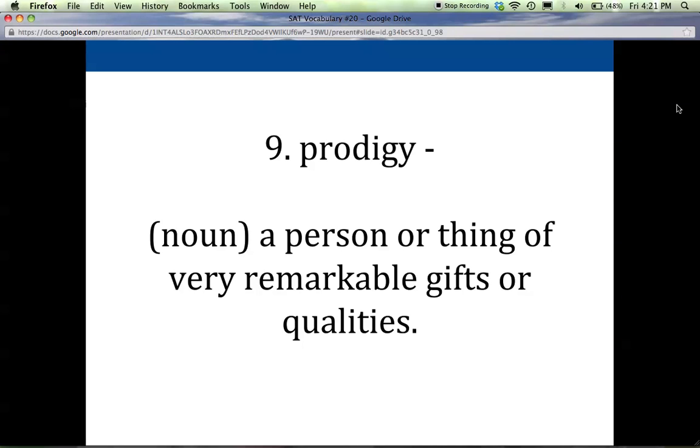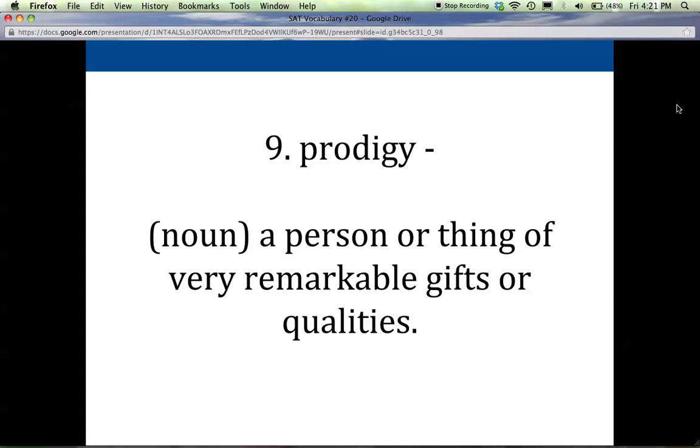The ninth word is prodigy, and for my sophomores, this word will sound familiar. When we were reading The Joy Luck Club last year, we read the chapter about Waverly, who is a child prodigy. She is a prodigy in chess. A prodigy is a person or a thing of very remarkable gifts, talents, qualities.